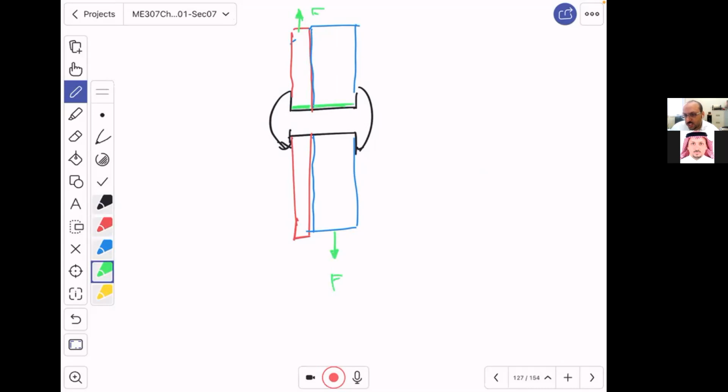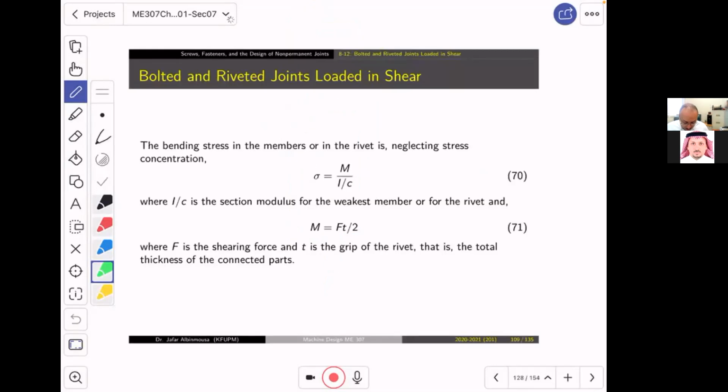Of course, you will not be deceived by the fact that the blue one is safe because it's thicker, while the red one is not. Maybe these are made from different materials, maybe not. So you need to be very careful. The relation is not very difficult, but you need to be very careful.